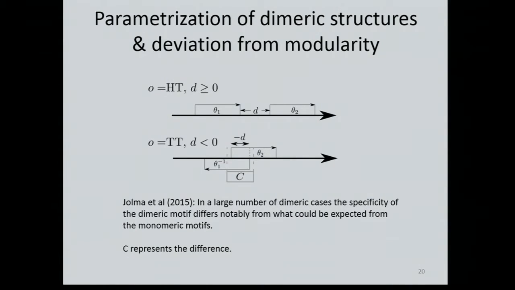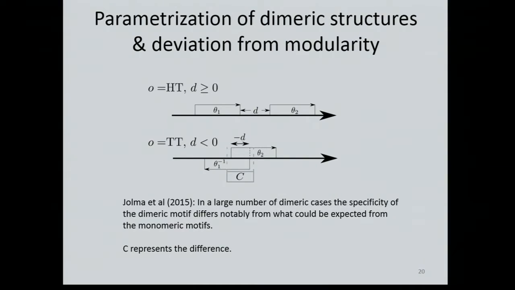Then what we especially want to model here is the deviation from the pure modular model, where the dimeric models, also in the overlapping case, are just products of the monomers.